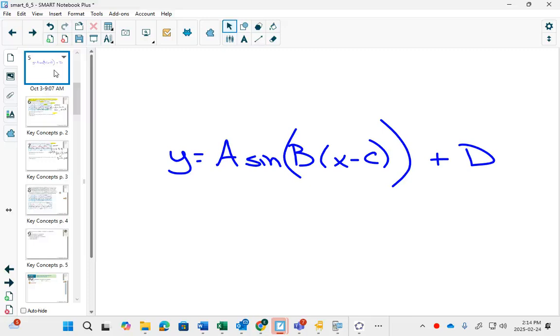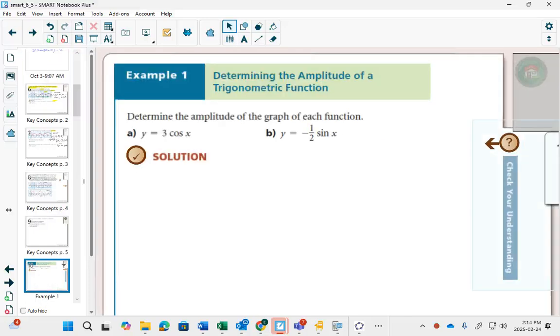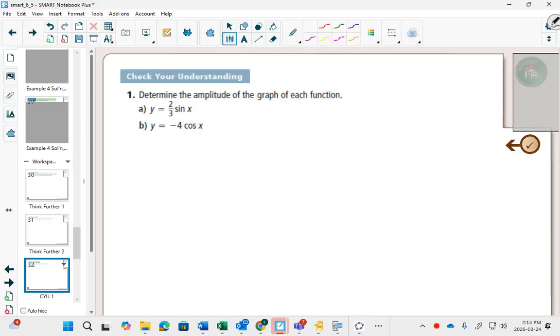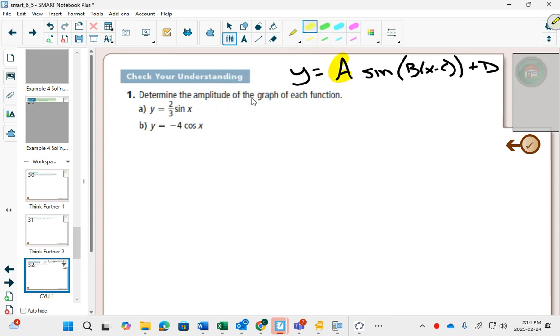So that's what we're going to start with, example 1. We're going to start looking at the A value. And we're going to find out that the A value is connected to the amplitude.